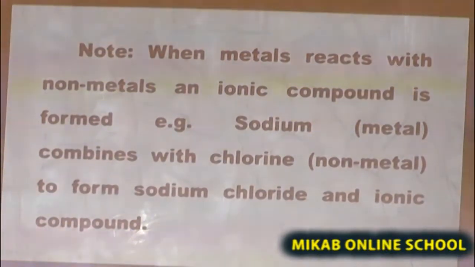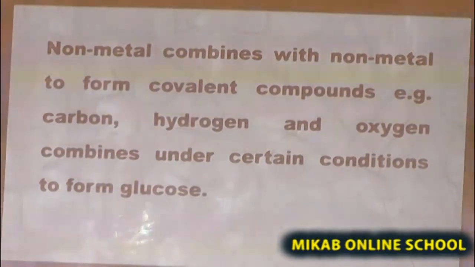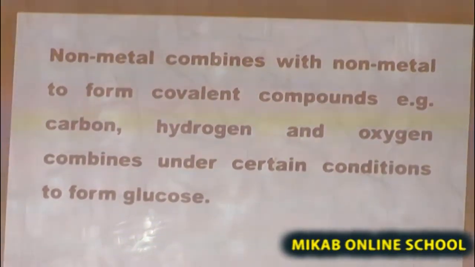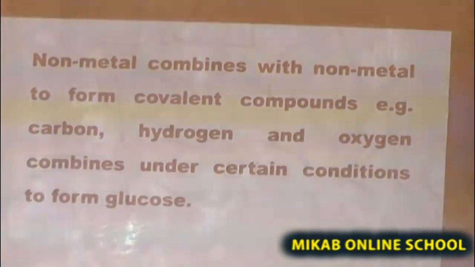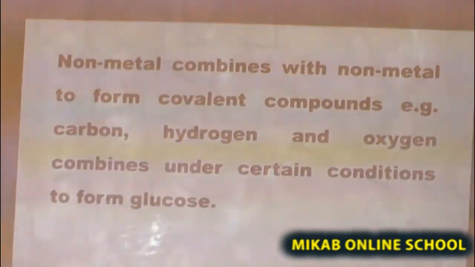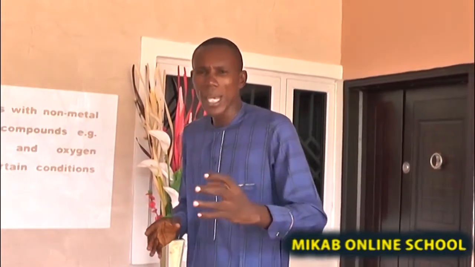Now, when a non-metal combines with another non-metal, take for instance, when carbon combines with hydrogen in definite ratios. For instance, one atom of carbon combines with four atoms of hydrogen, of course, methane will be formed.